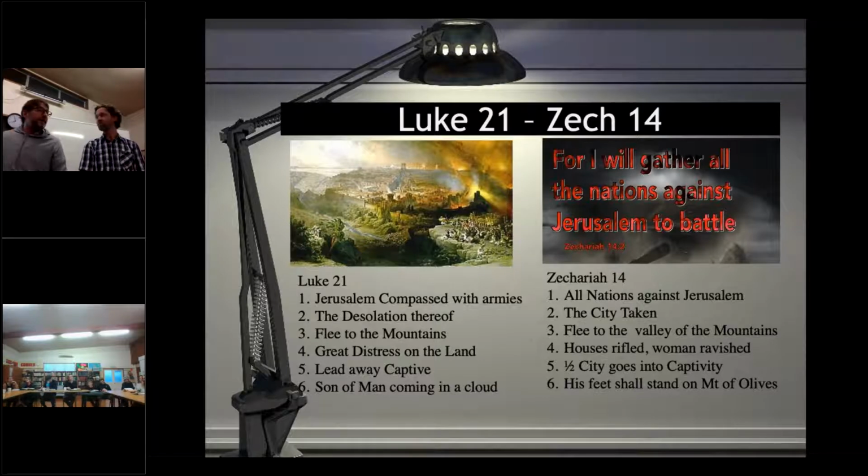I don't think it's the only place Luke's record is referring to, but the parallels to Zechariah are quite significant when you look at Luke's gospel. The parallels to Daniel are significant when you look at Matthew's gospel. But the amazing thing is that Zechariah and Daniel chapter 12 are very much talking about this future event, the final overthrowing of Jerusalem.